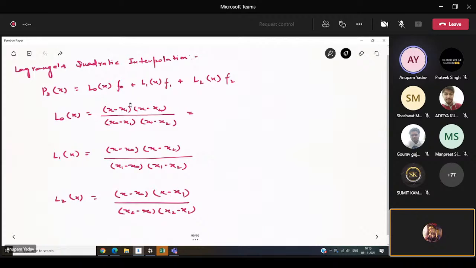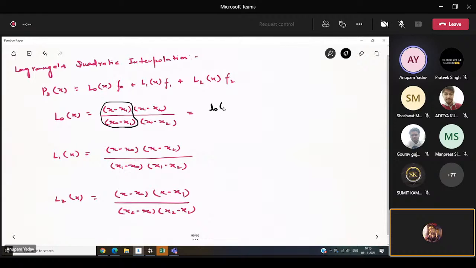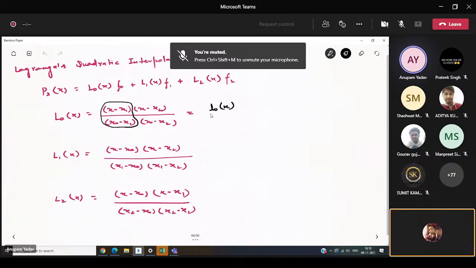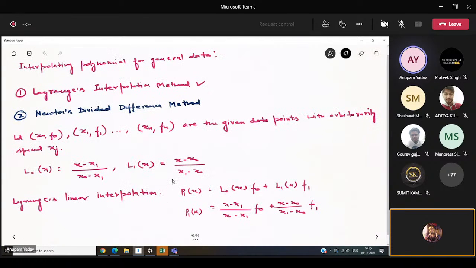If you focus on this term particularly, small l stands for the one we had got from the linear interpolation, divided by x minus x2 into x naught minus x2.